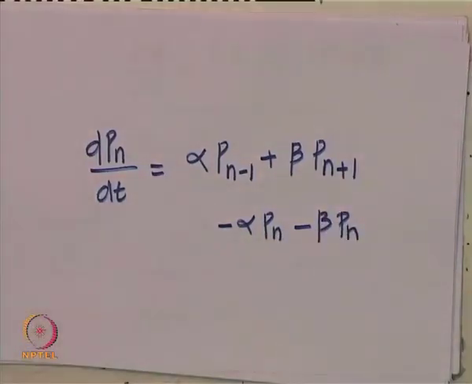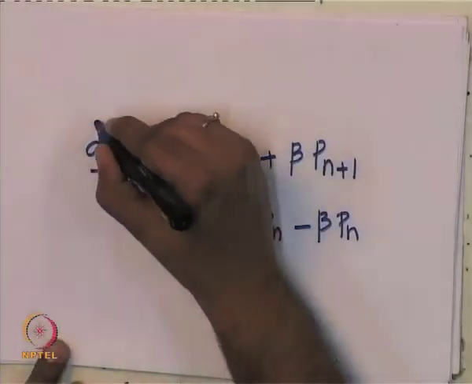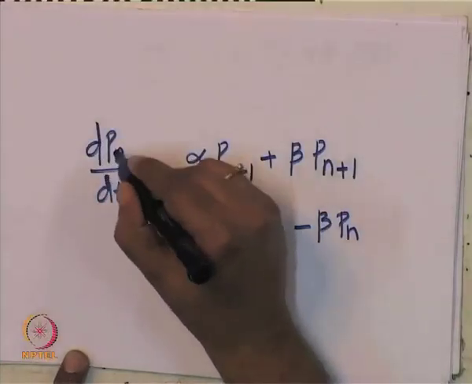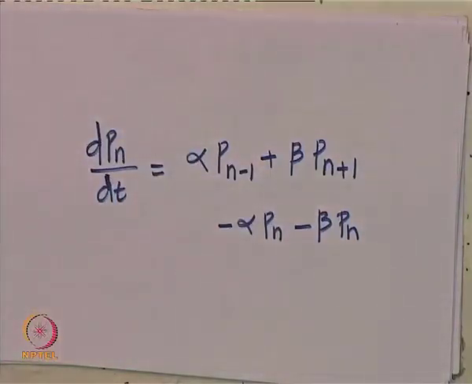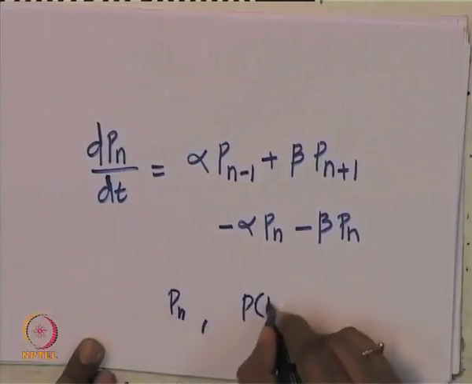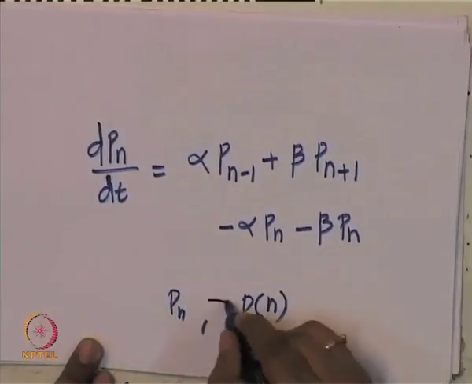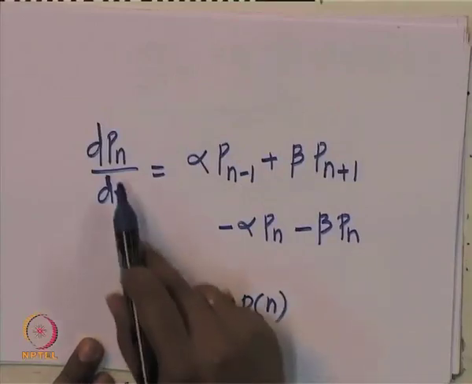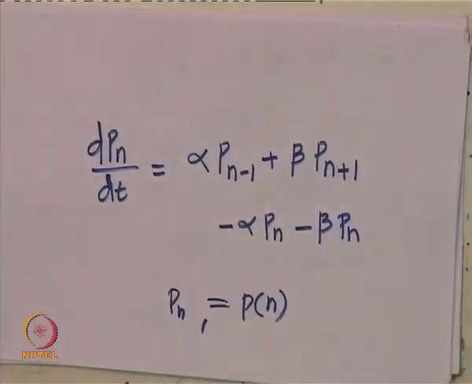So, what does this mean? This is the master equation for how the P n changes with time. Probability to have n monomers, sometimes I will write as P n, sometimes I also write P n. So, both are equal. I might use both the notations, but here I use this notation for simplicity.